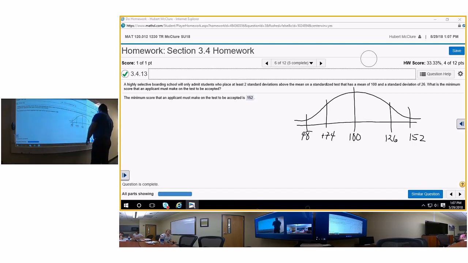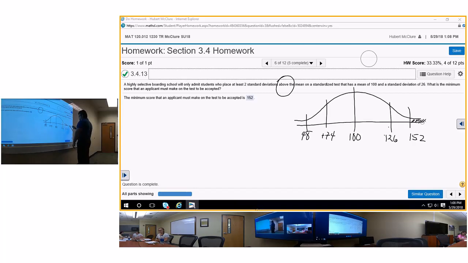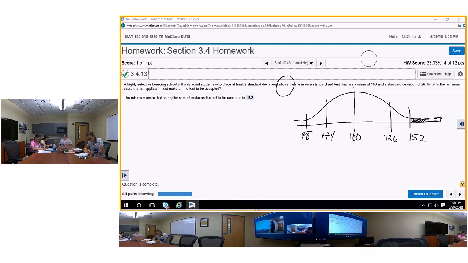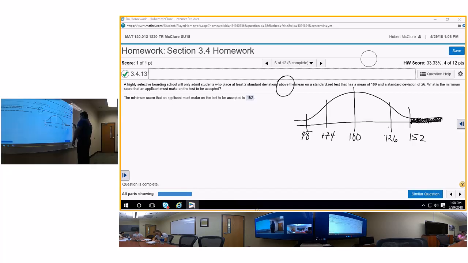So, it says if you want to get into the school, you have to be at least, above, there's a key word right there, above the mean. So 1, 2. So these people right here that I'm shading in, those are the people that scored above 152 and can be in this school.